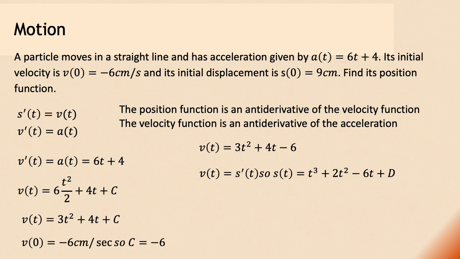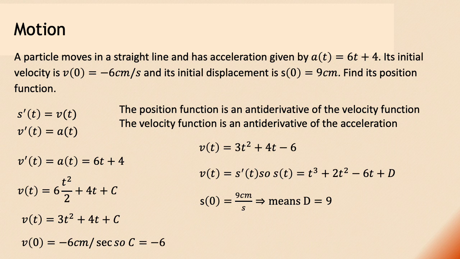But now we want a specific position function. We don't want the most general one. So how do we get a value for d? Well, we look again at our problem and we're given some information about the position. We're told that at time 0, our initial position should just be 9 centimeters, not 9 centimeters over s.